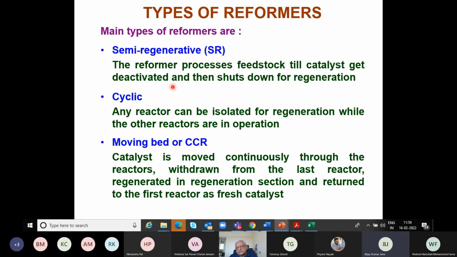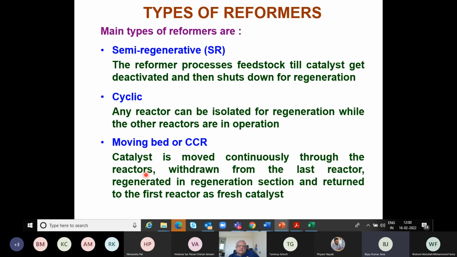So in about 13 to 14 months, the unit runs for about 10 to 11 months, and for 1 month it is shut down. That is circumvented to some extent in the cyclic reformers, where, with 4 reactors, 1 reactor is always isolated and in regeneration mode. Any reactor which gets coked up will be taken off for regeneration.